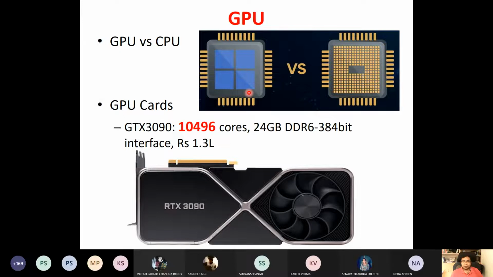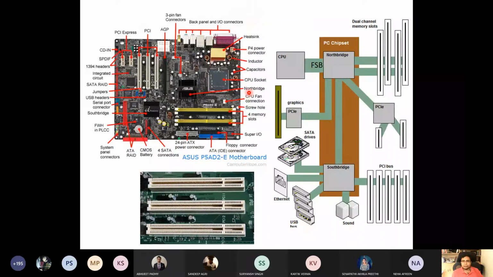Sir, what is the purpose of the PCI bus connected to the south bridge? Yeah, this is also a low end PCI. The south bridge is the low speed one, but the north bridge is still the high speed one. The north bridge is connected to the CPU, memory, and high speed devices.